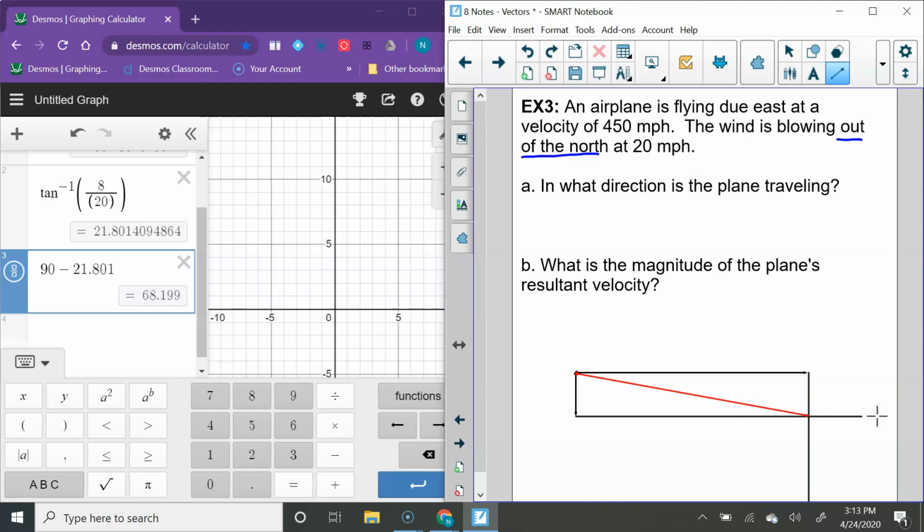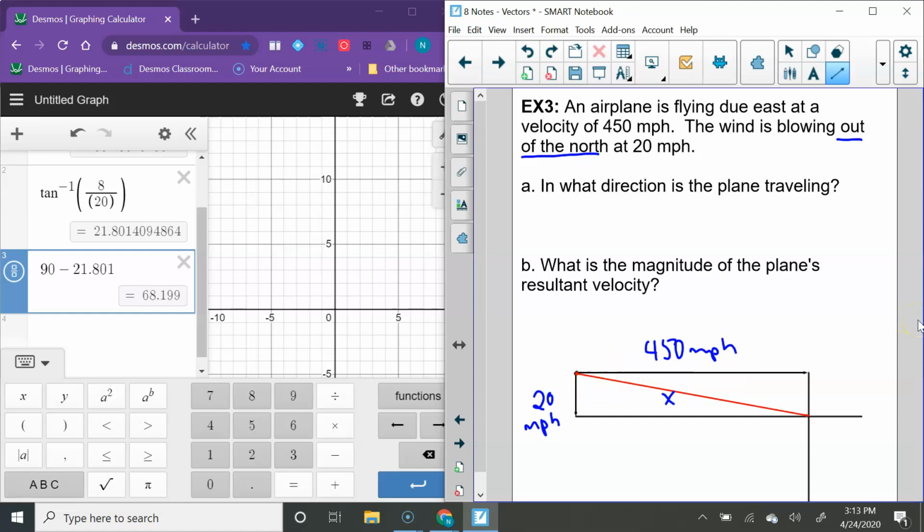And let me label this a little bit. This was 450 miles per hour, and this side was 20 miles per hour. And so this side right here, we want to know that length, and then we also want to know the direction. So for our direction, we could find either one of these angles right here.